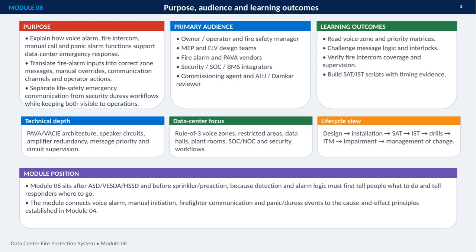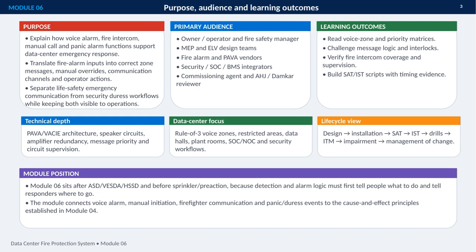The primary audience includes owners and operators, fire safety managers, MEP and ELV designers, fire alarm and PAVA vendors, security and BMS integrators, commissioning agents, and AHJ reviewers. By the end, participants should be able to read voice zone and priority matrices, challenge message logic and interlocks, verify intercom coverage and supervision, and build SAT and IST scripts with timing evidence.